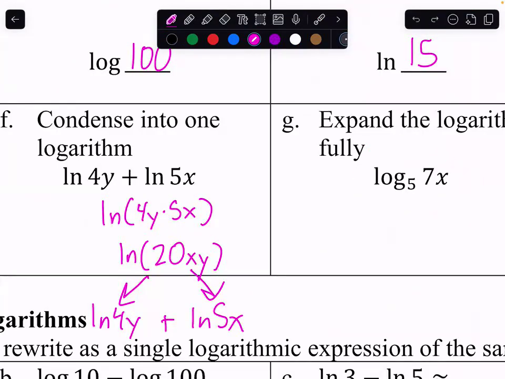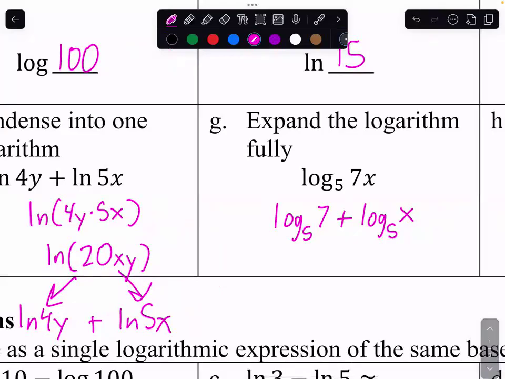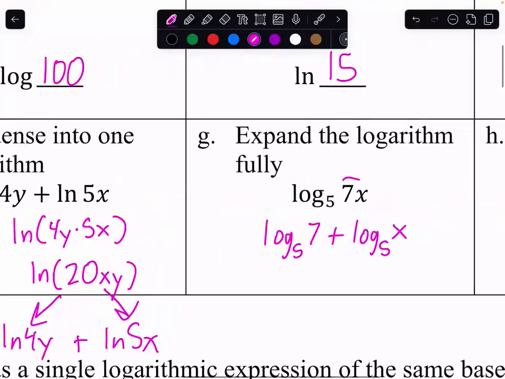All right, so over here, log base 5 of 7x, we could split this up because 7x means 7 times x. So we could split this up into log base 5 of 7 plus log base 5 of x. Okay, so again, you can take an argument and split it up into two things that multiply to it.